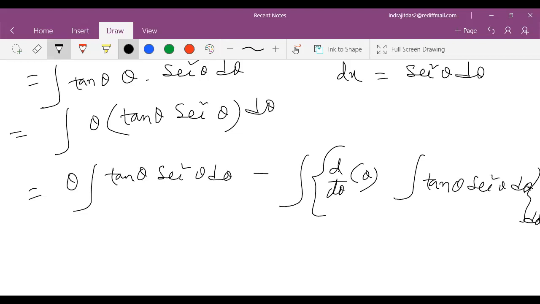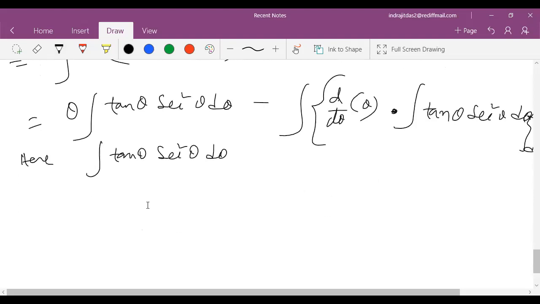So two times we are writing d theta. Now if I do this integration here, I'm showing this integration separately, tan theta sec square theta d theta, so that we can understand better. You can do that also during the exam, that you can write this way.